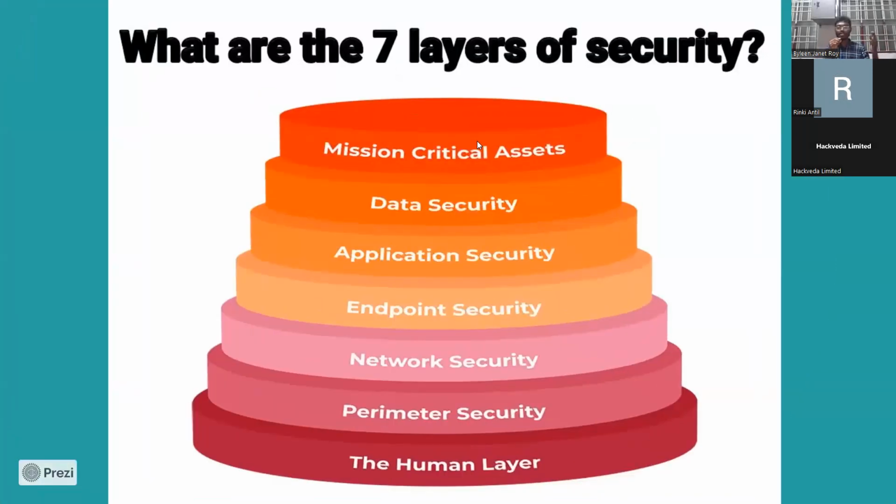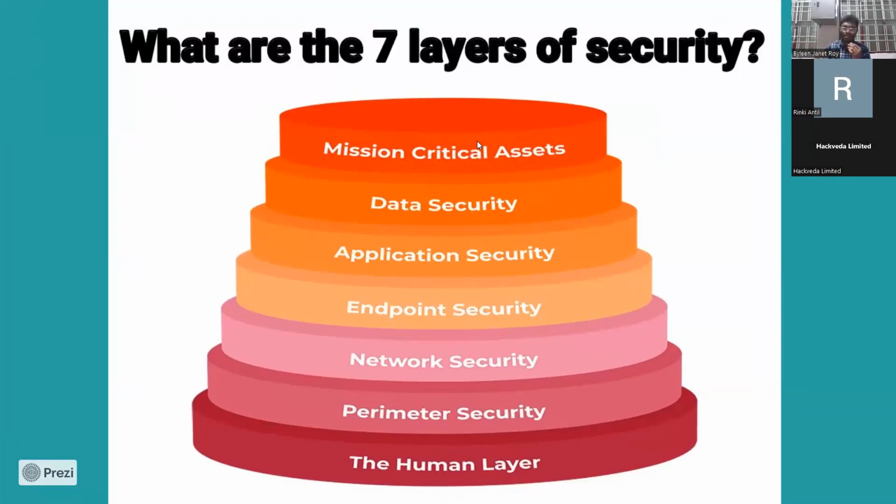And these are the 7 layers of security: the mission critical assets, data security, application security, endpoint security, network security, perimeter security, and human layer security. To break into something, we have to break through each layer of security to get into the main vault, right? I told you about the bank. We have to get through the human security there, that is the person who is working as the security.